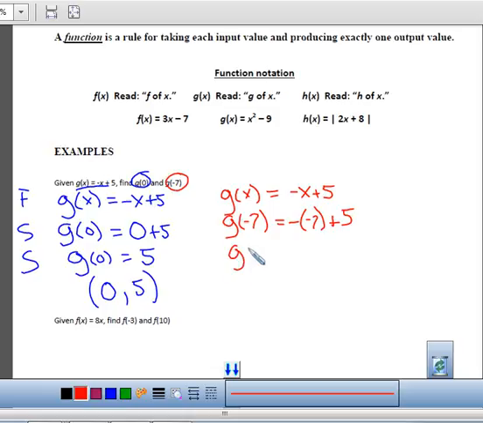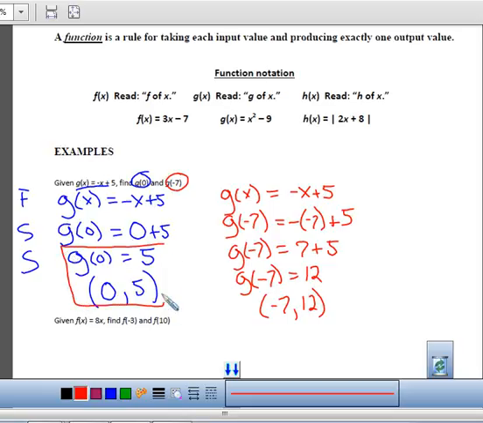Remember, negative negative means positive. So we end up with positive 7 plus 5. Or, when we have an input of negative 7, our output is 12. So write it as a point. Negative 7, comma 12. Okay, so our answer for the first one is this. Our answer for the second one is this.